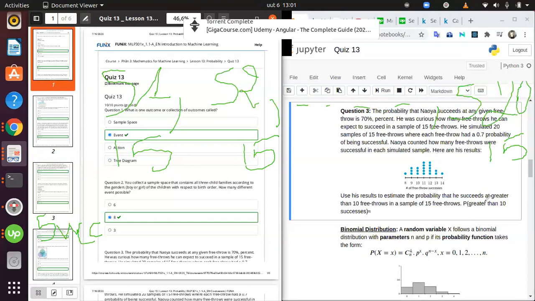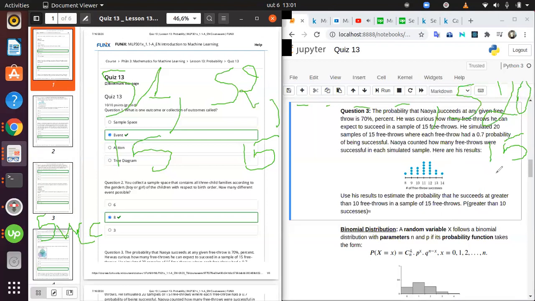So the probability that he got more than 10 successes is the number of cases where he got 11 successes divided by the number of trials, plus the number of cases where he got 12 successes divided by the number of trials, plus the number of cases where he got 13 successes divided by the number of trials, plus the number of cases where he got 14 successes divided by the number of trials.